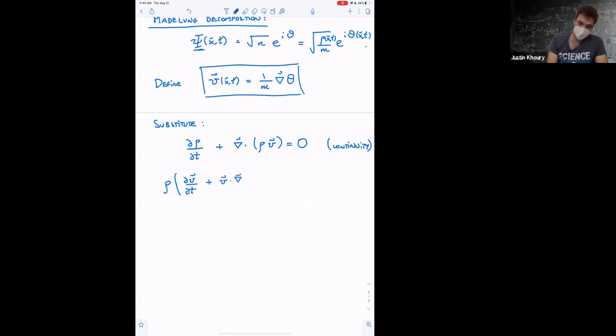V dot grad V. And then on the right-hand side, you get two contributions: minus the gradient of the pressure.